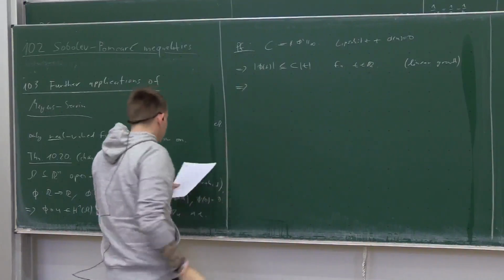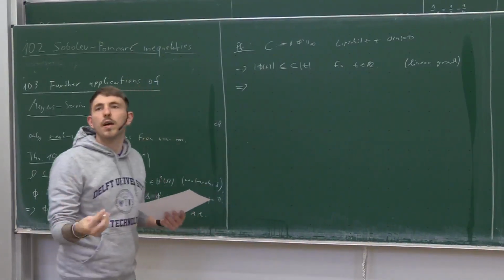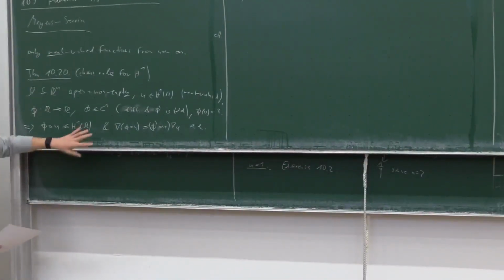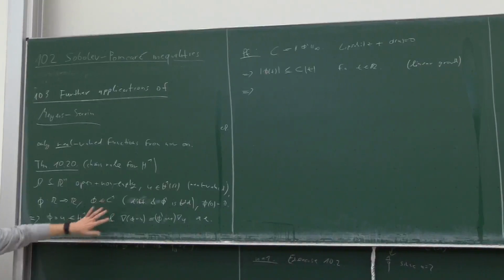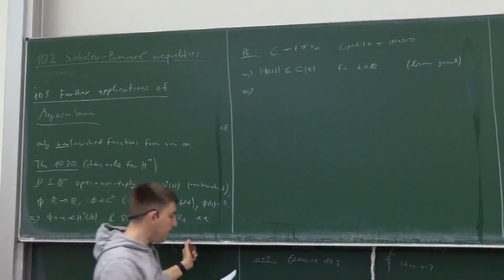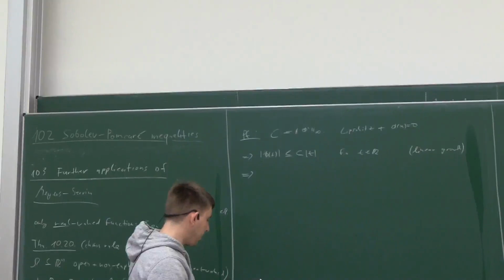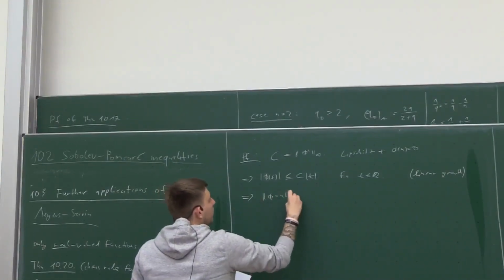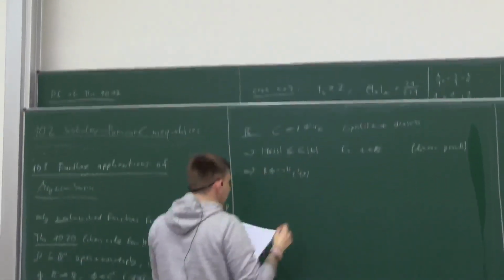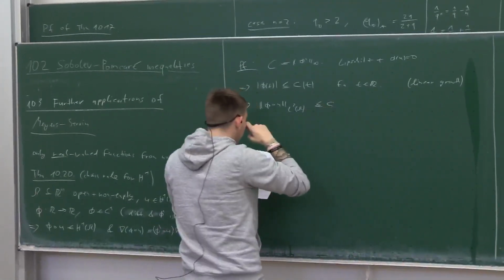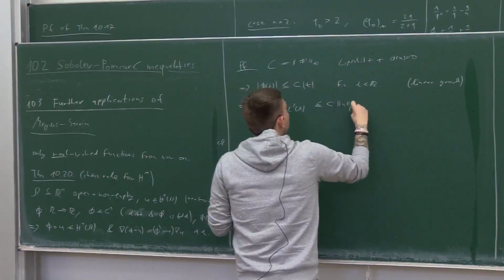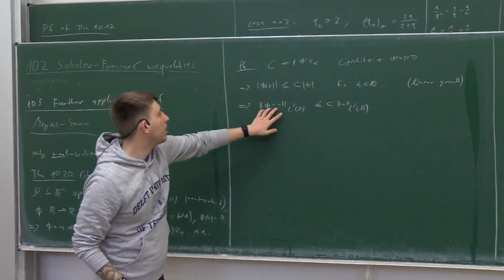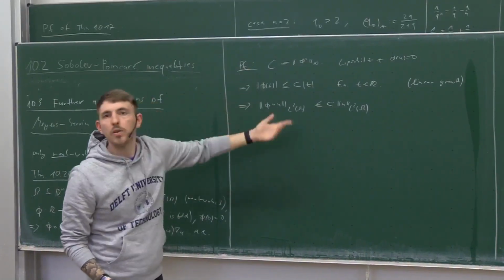Now, first of all, we can use this linear growth to get some boundedness properties for quantities involved. We get that phi after u in L2 norm is bounded by C times u in L2 norm of Omega. You just apply this inequality pointwise, and you already have it.